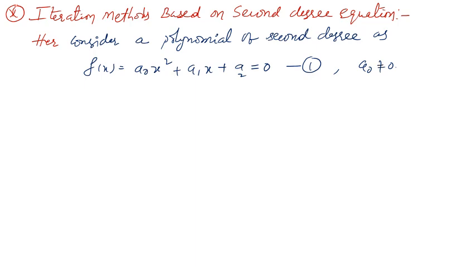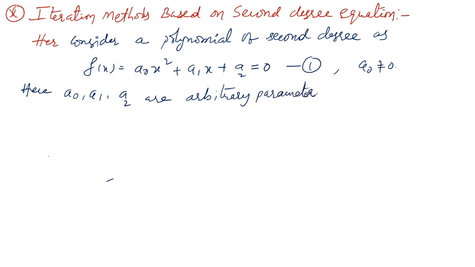Here, what are the unknown constants? a naught, a1, a2 are arbitrary parameters, to be determined by three appropriate conditions.